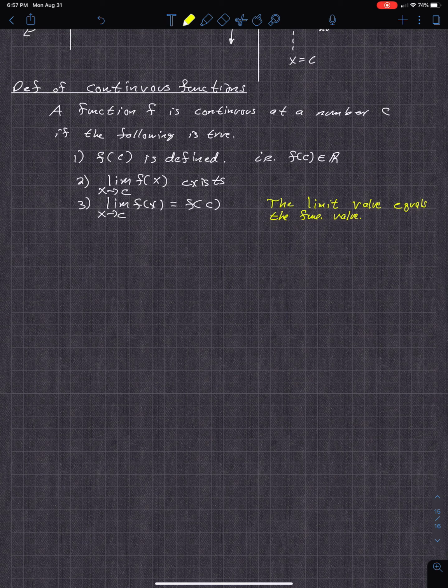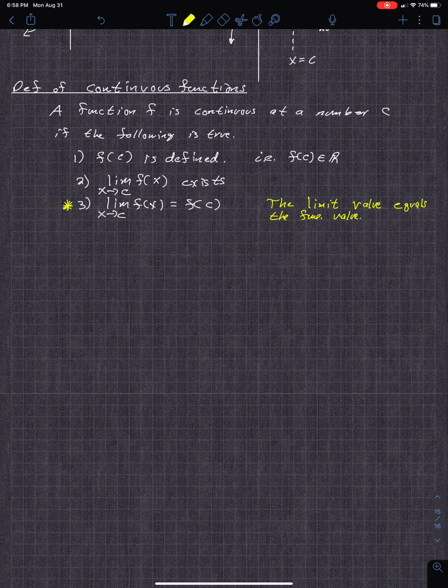So limit value equals the function value. One of the theorems basically states if you can show 3, then the function is continuous. The key too is that this has to be in the reals. So f of c is defined, and the limit equals the function value. That's the key.